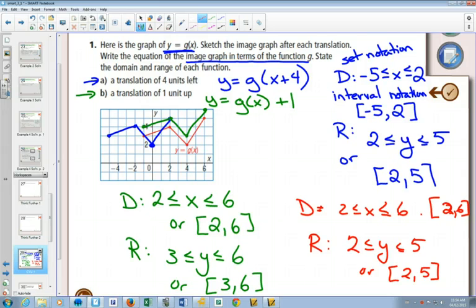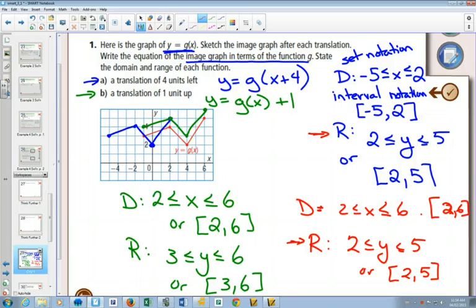So one of the things they wanted you to notice is that when we moved our blue graph 4 to the left, that affected only the x values. Do you notice that the range of the blue graph is the same as the range of the original graph?